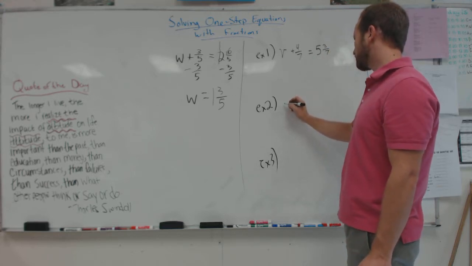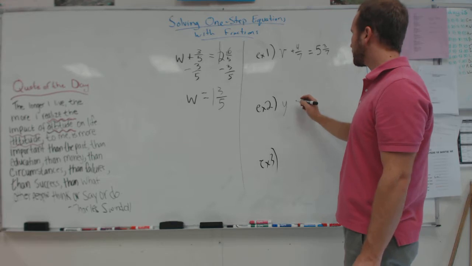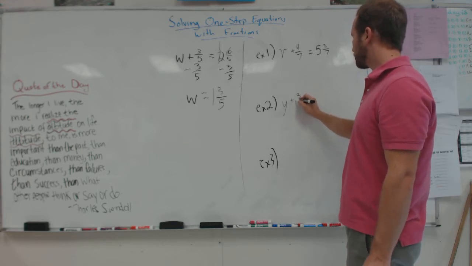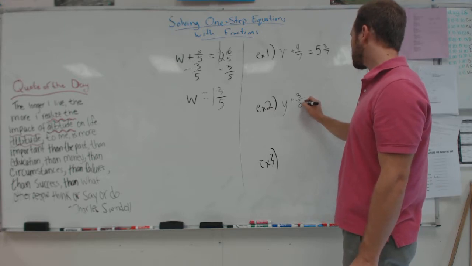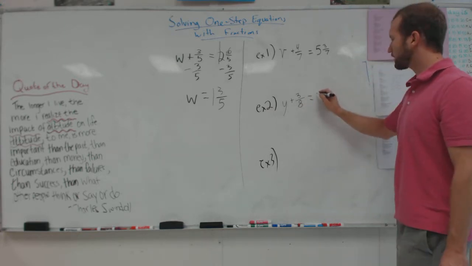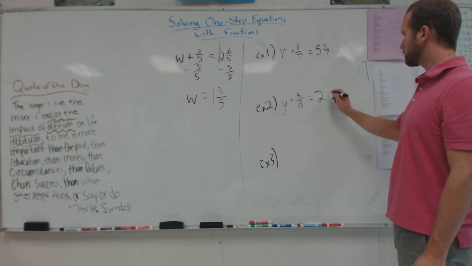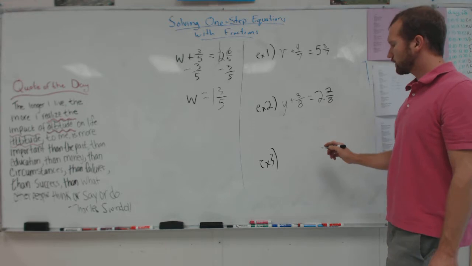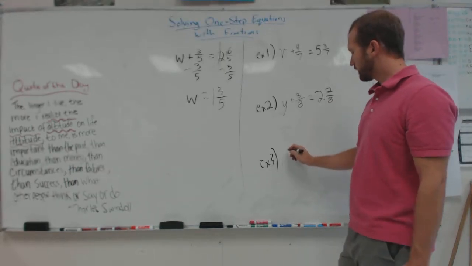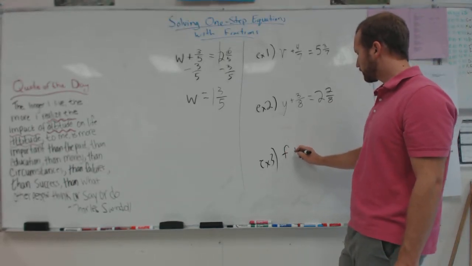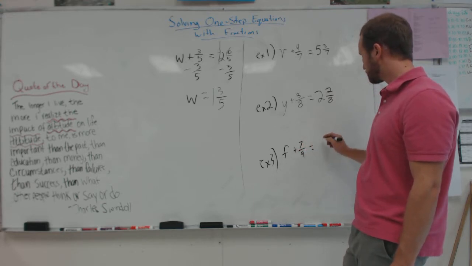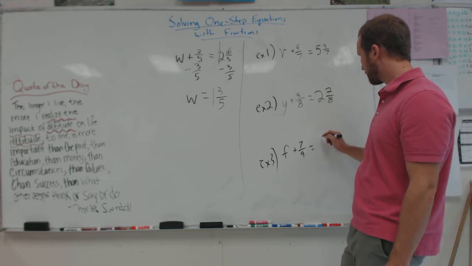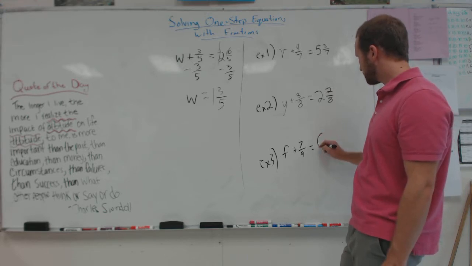For example 2, let's do y plus 3/8 equals 2 and 2/8. For example 3, let's do f plus 7/9 equals 6.